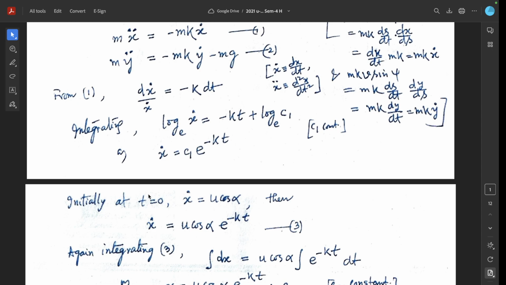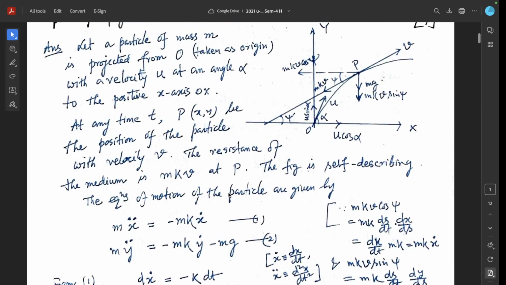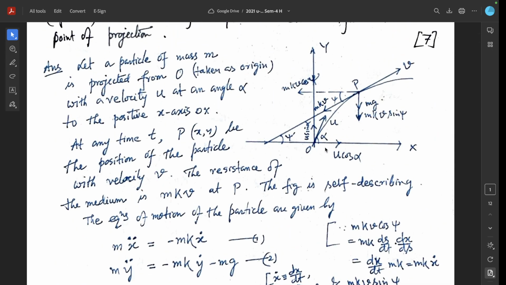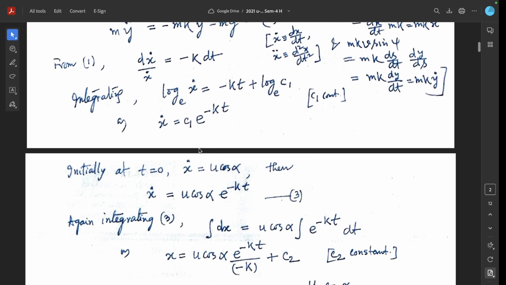Initially at t equal to 0, x dot equal to u cos alpha, the horizontal component. Putting this in, c1 equal to u cos alpha. So x dot equal to u cos alpha e to the power minus kt, equation 3.